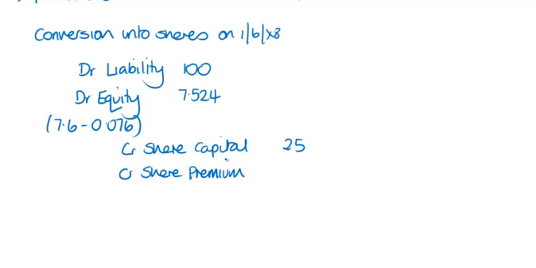So I've got 107.524 less 25, 82.524. So there's quite a lot to do there, but it's number crunching, and if we know how to deal with a convertible bond, then I think you've got a good chance of getting 5 out of 6 at least.